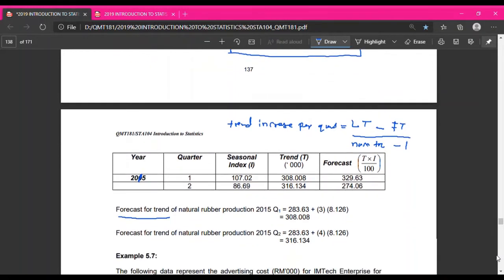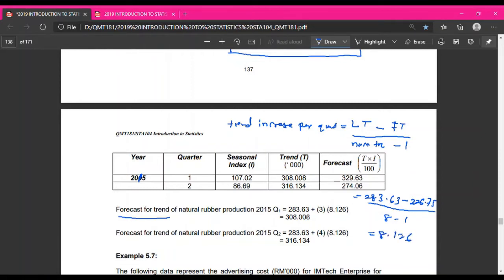The last trend is 283.63, minus the first trend, 226.75, divided by the number of trends, 8 minus 1. Divide by 7, so you will get 8.126.